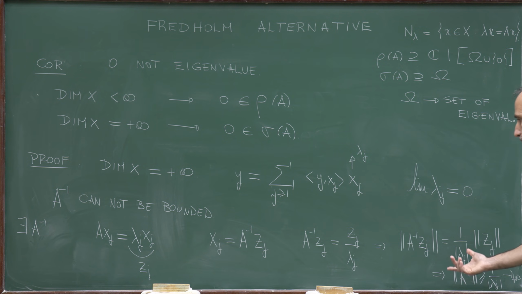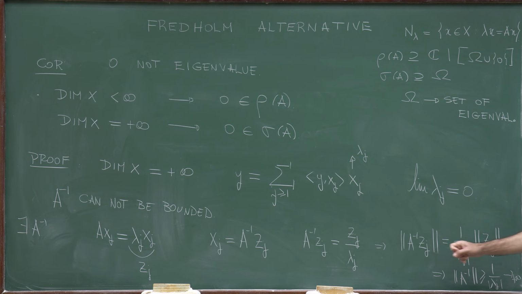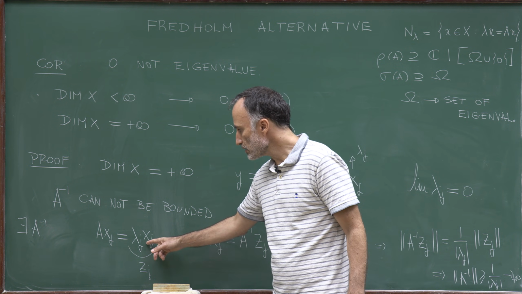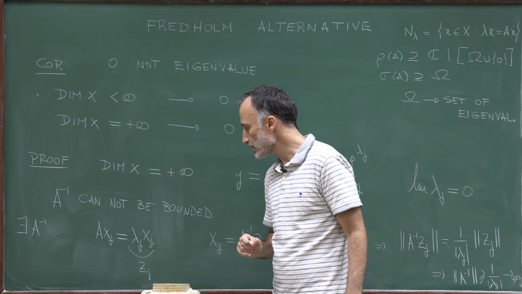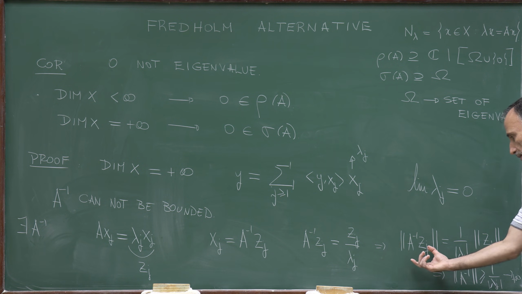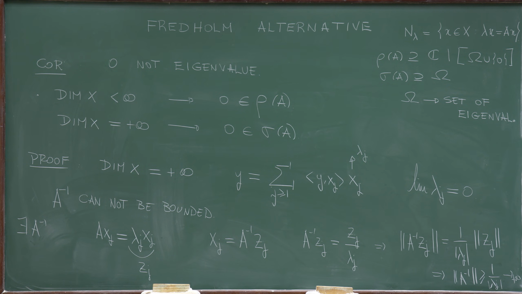From this identity, if I take the norms on both sides, I get this identity. Now I can divide that by the norm of zj, because it is different from 0, since lambda j is different from 0 and xj has norm equal to 1.